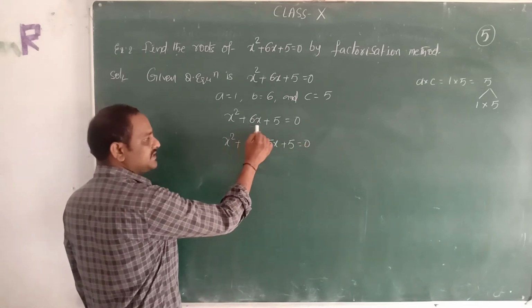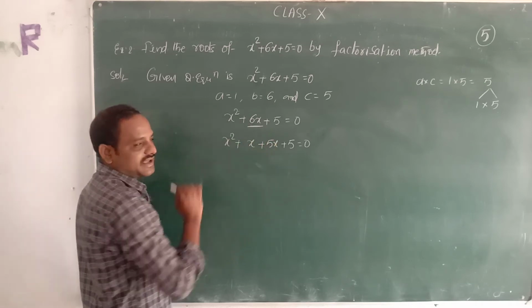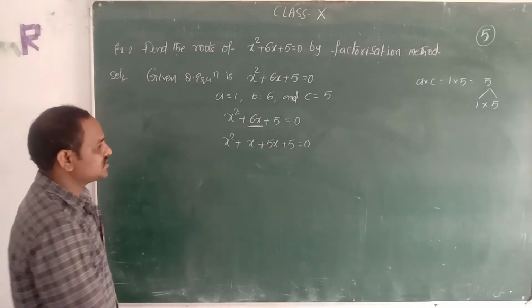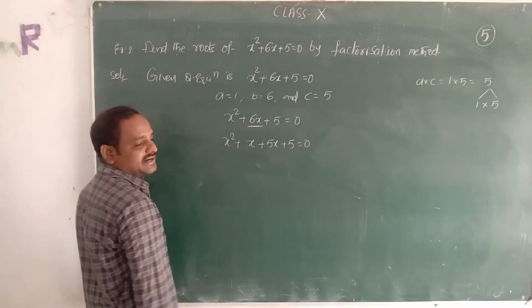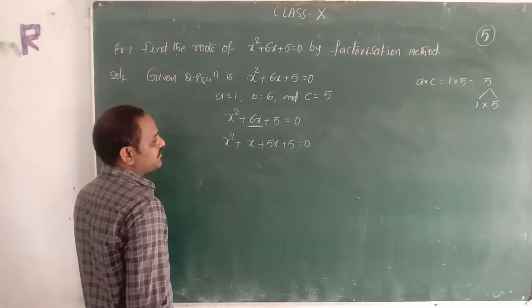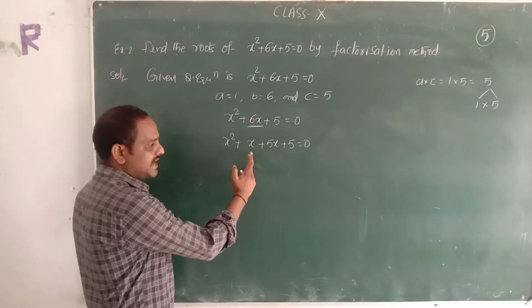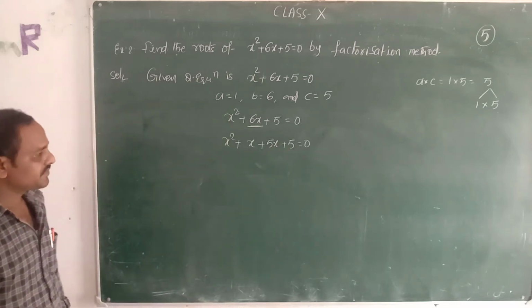I split this middle term as x plus 5x. Did you understand? So x plus 5x means 6x. So I split that middle term 6x into the form of x plus 5x. So we got x square plus x plus 5x plus 5 is equal to 0.